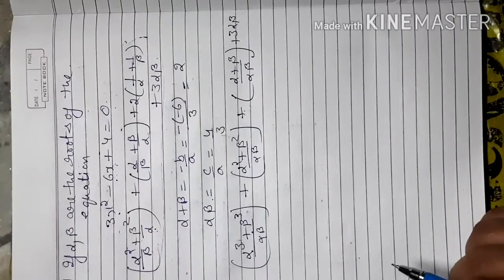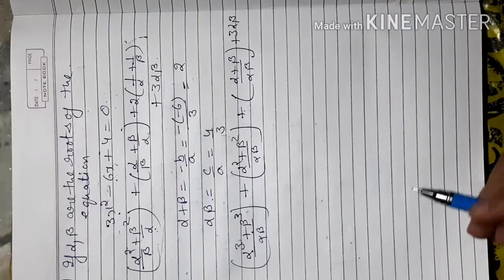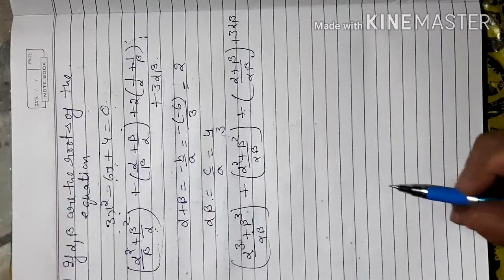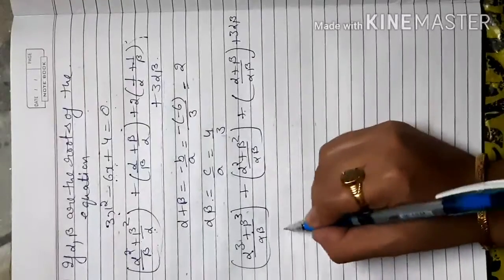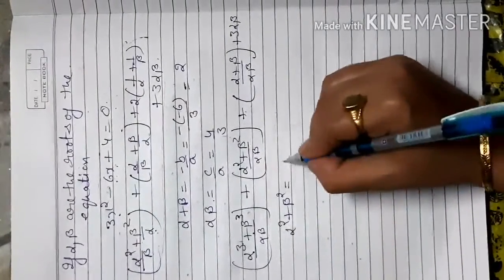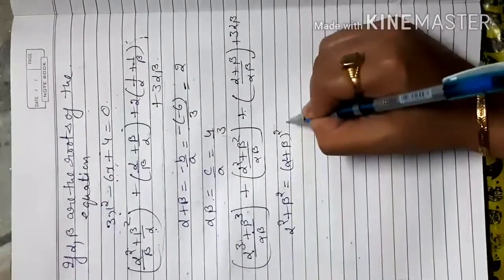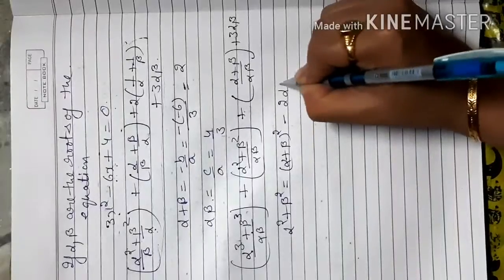So what is my a cube plus b cube formula in form of alpha beta? We have two formulas. When I go with alpha square plus beta square, if I directly find the value, that is alpha plus beta whole square minus 2 alpha beta.